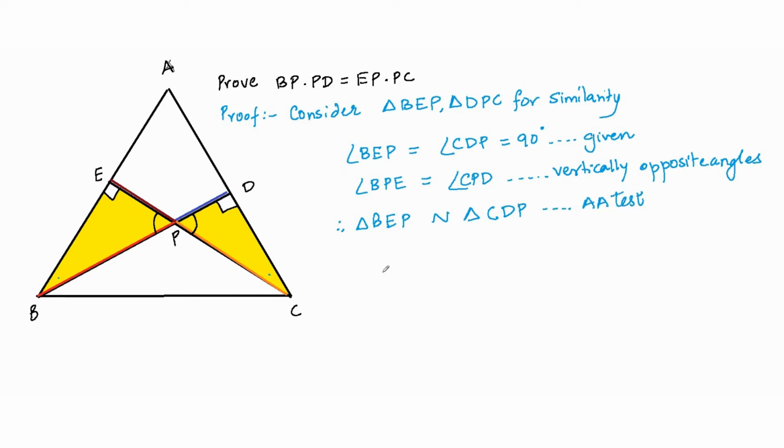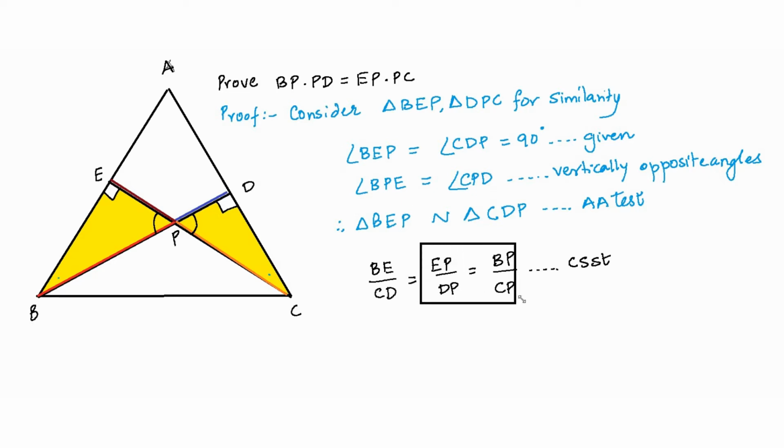And therefore, I can say that BE divided by CD is equal to EP divided by DP is equal to BP divided by CP. This is because of corresponding sides of similar triangles. And now I can take these two ratios and simply cross multiply.